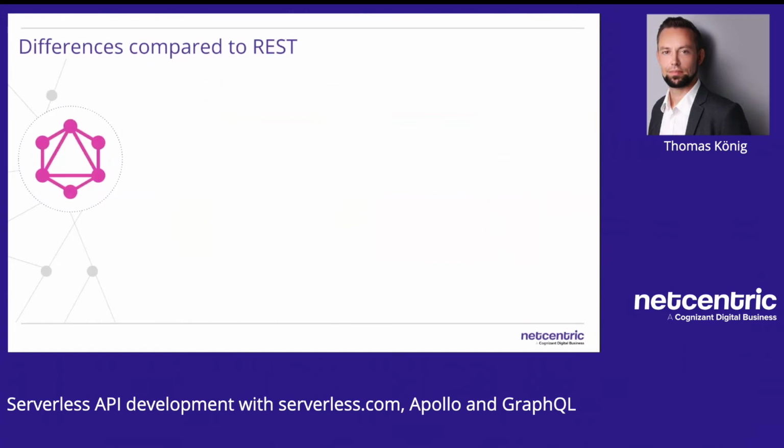So how would that look in GraphQL? In GraphQL, you would send one single post request against your GraphQL endpoint. And the post request contains a query in the body content of the post request. The GraphQL runtime will take care of validating your query and forwards the query to the resolvers behind this query.